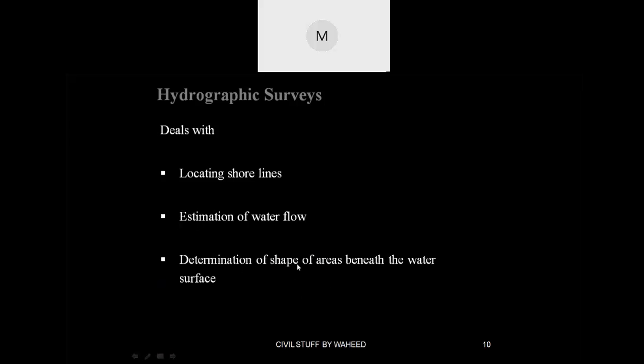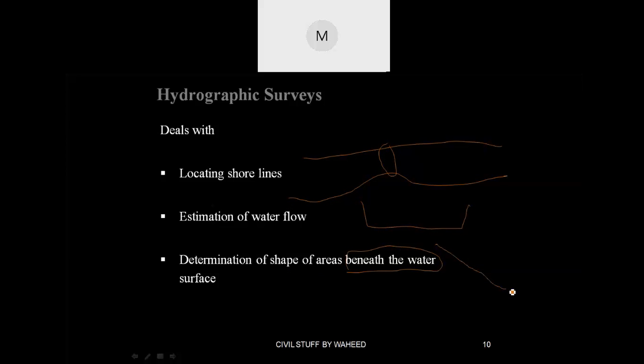Next, determination of shape of areas beneath the water surface. Generally if you take a river, the river shape may not be the same throughout the length. In some places it will be going like this, a narrow portion will be there. And what is the shape of the area beneath the water? Underside the water, whether it is like this or like this.